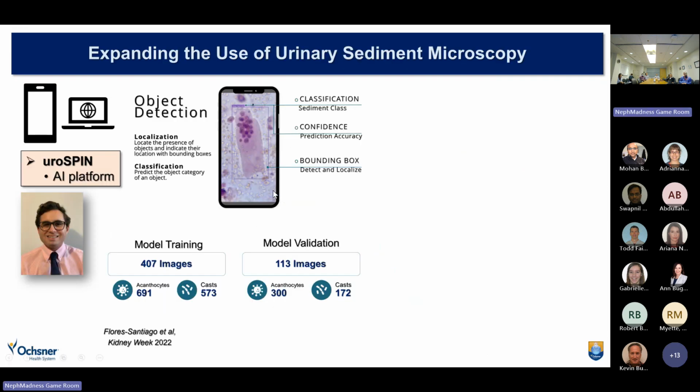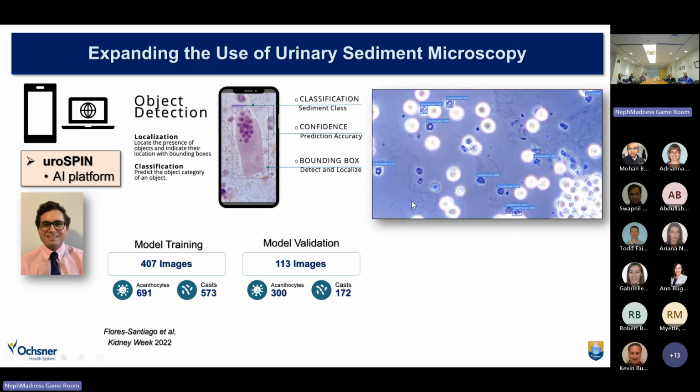The other project is the Eurospin project. So this is led by Josian Flores Santiago, former fellow at Oxford, who is very smart, way smarter than me in terms of bioinformatics. And he has developed this program where he trained a model providing images in our archives and training this program how to read acanthocytes. So here are some of the output.